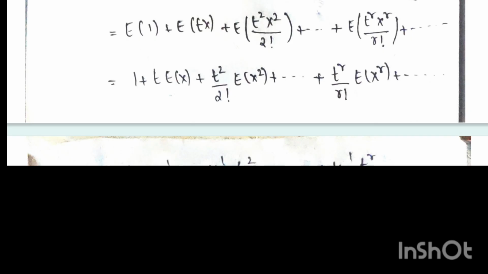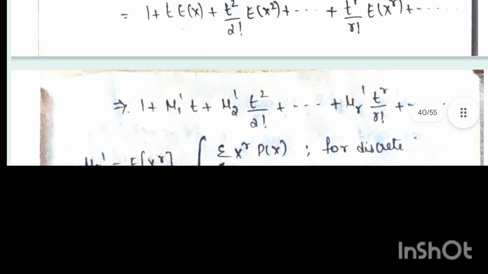Next, the expected value of x to the power of r. So 1 plus, this is called mu1 dash, this is called mu2 dash, t square by 2 factorial, and mu r dash, t to the power of r divided by r factorial, and so on. So Mx of t can be written as the summation of r from 0, t to the power of r divided by r factorial into mu r dash.